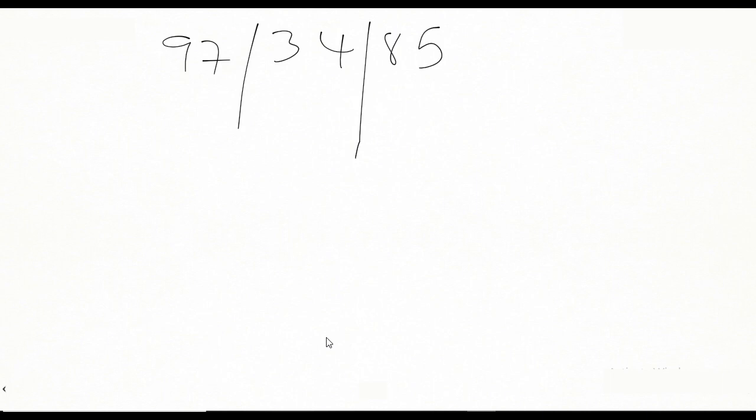The complement of 97 is 03. So as we know, take 3 as it is, then multiply 03 with the first digit, we get 09. Multiply 03 with 4, that is 12.